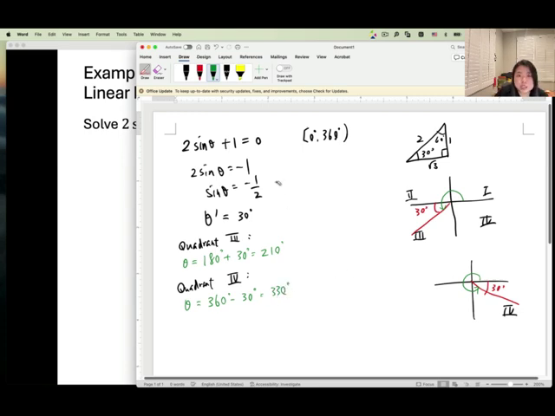One more time, theta is within 0 to 360, and now I get 2 answers. So the solution set will be 210 degrees and 330 degrees.